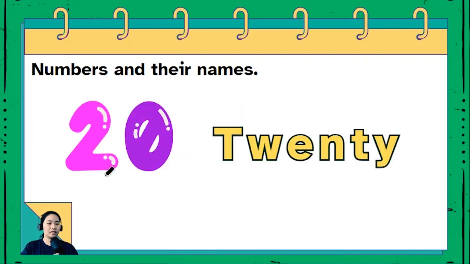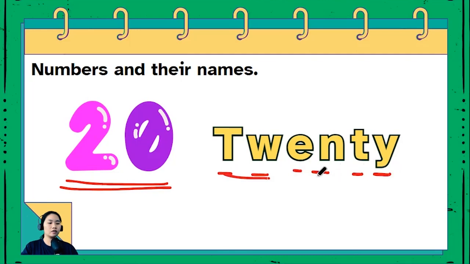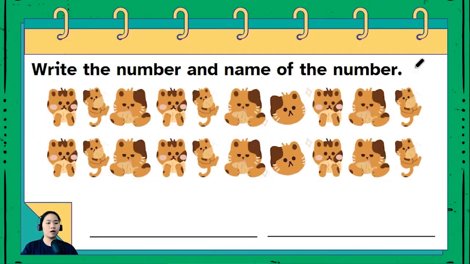Okay? Last number, 20. T-W-E-N-T-Y. 20. Next up, write the number and name of the number based on these little cats right here.